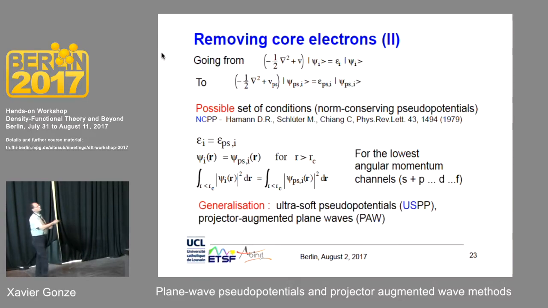This is related to the idea of a norm of the wave function, and that's why it's called norm-conserving pseudopotential. And moreover, we want to do this for the lowest angular momentum channels, S, P, sometimes D, and F. Okay, this is not the only possible set of constraints. There are generalizations that I will, according to the time that I'm left with, describe: ultrasoft pseudopotential and projector-augmented plane waves.